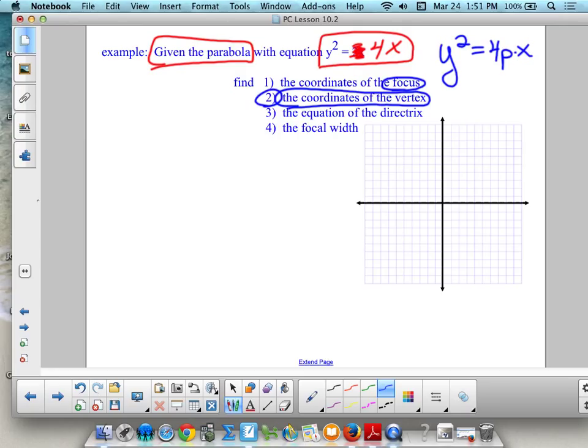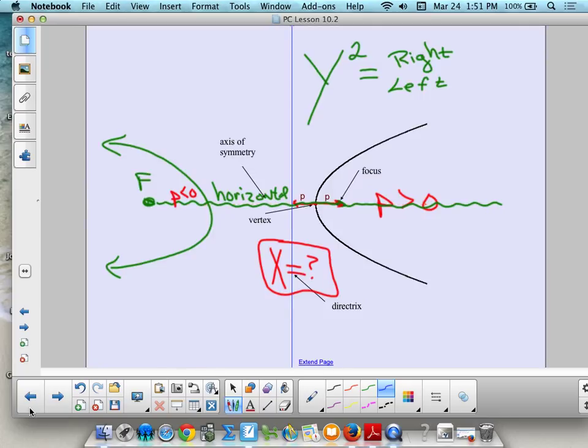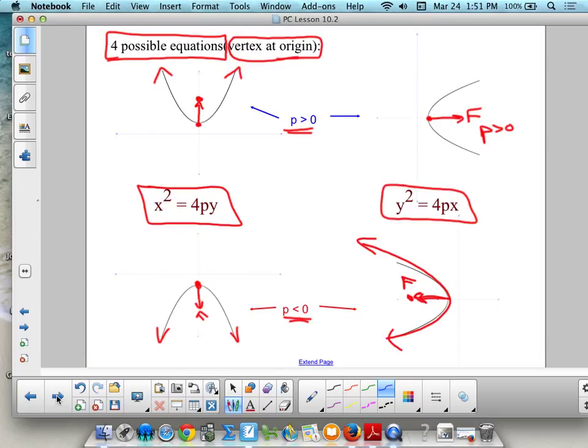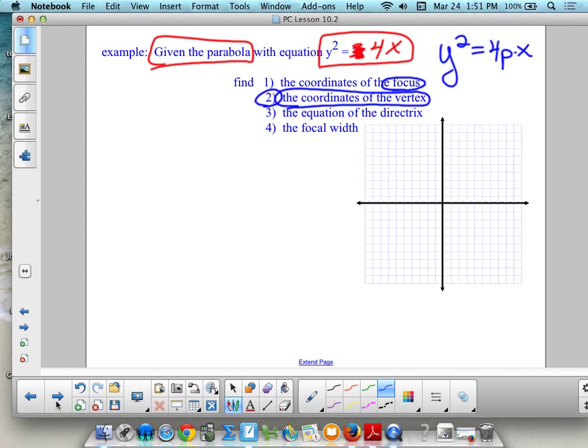At the origin. All these equations have vertex at the origin, so you're supposed to be going, oh yeah, this is going to have a vertex right at the origin. 0, 0. Now, go find the focus.